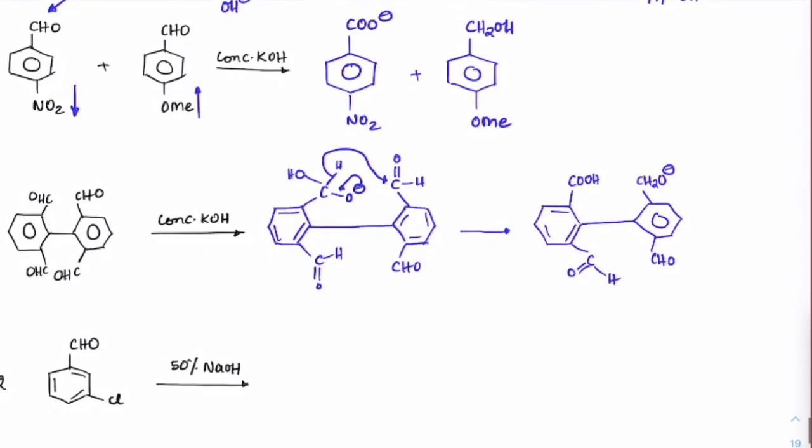Now, as soon as you have COOH here, this group will relatively become a withdrawing group. Because of this, between these two, this would become more reactive.